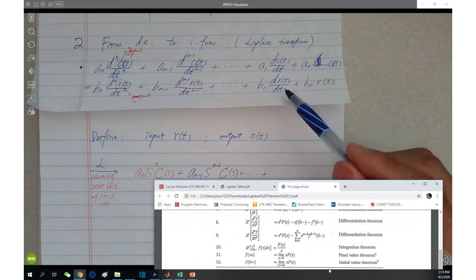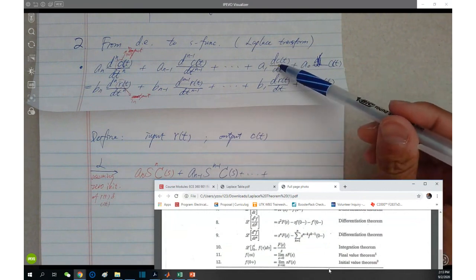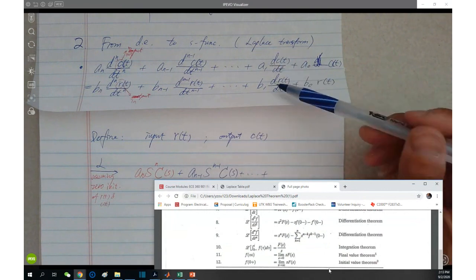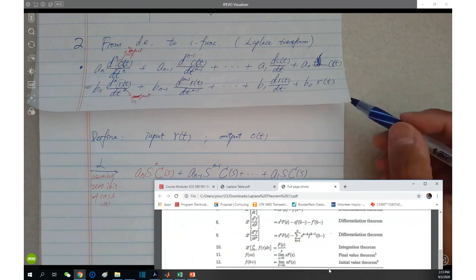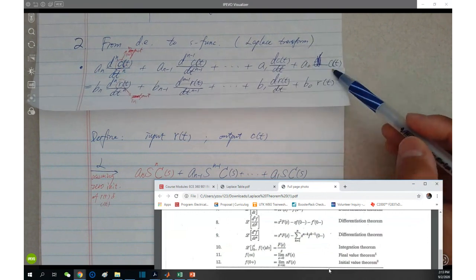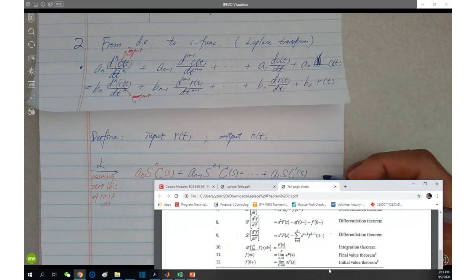For a1 times the derivative of c of t, what should we get? a1 s times C of s. And how about the very last term, a0 times c of t? What is the corresponding Laplace transform result? a0 times capital C of s. Does that make sense?